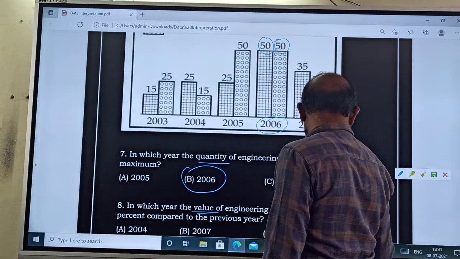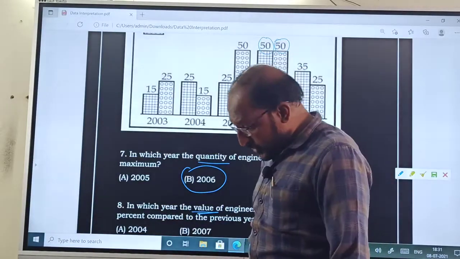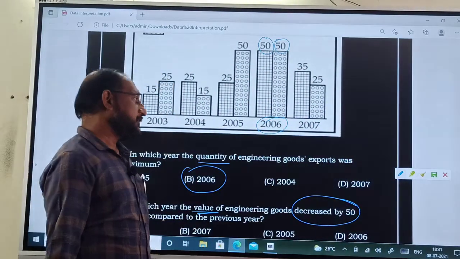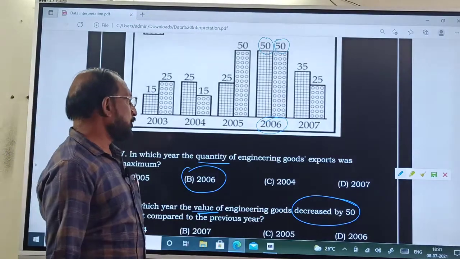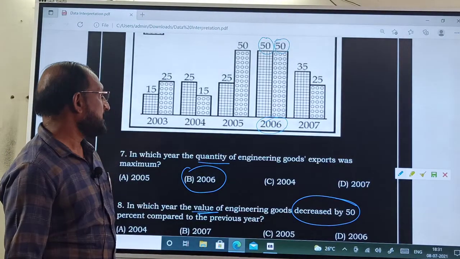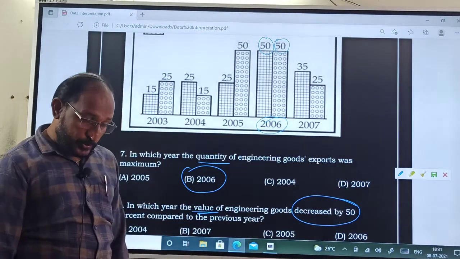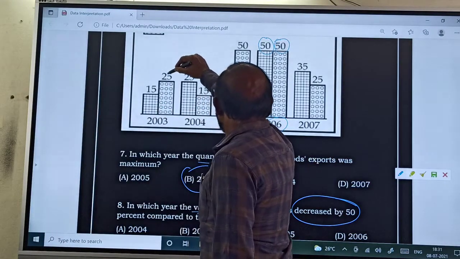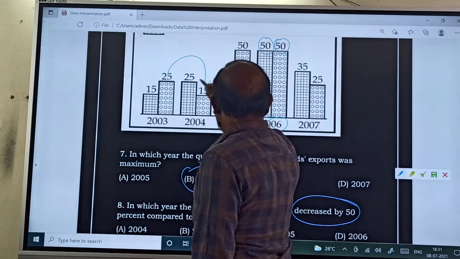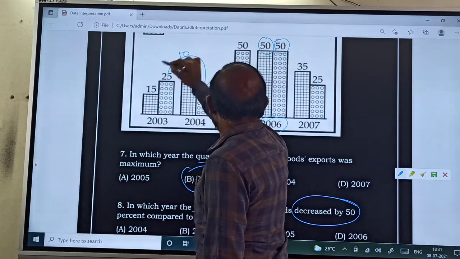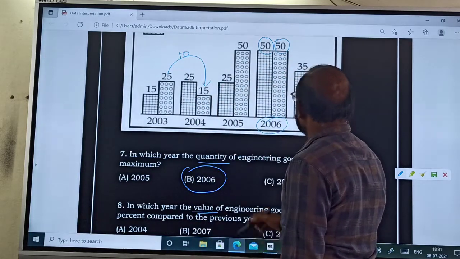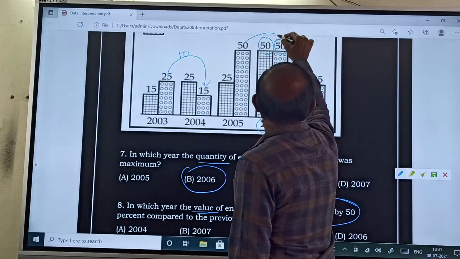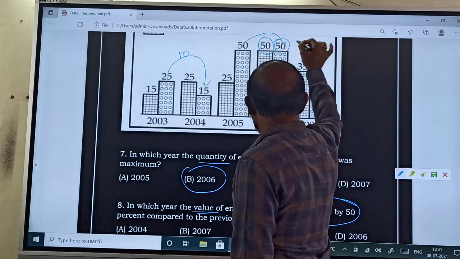Before this, quantity was given; now the value, the graph with the circles. Which year did it decrease by 50%? 2006 to 2007. Let's see here. 25, here 15. How much decreased? 10% decreased.